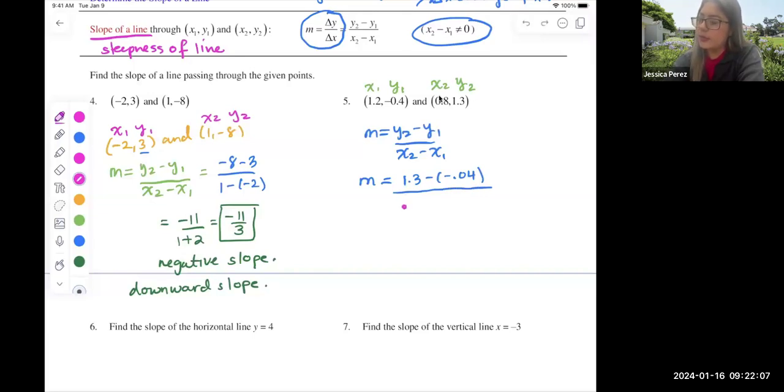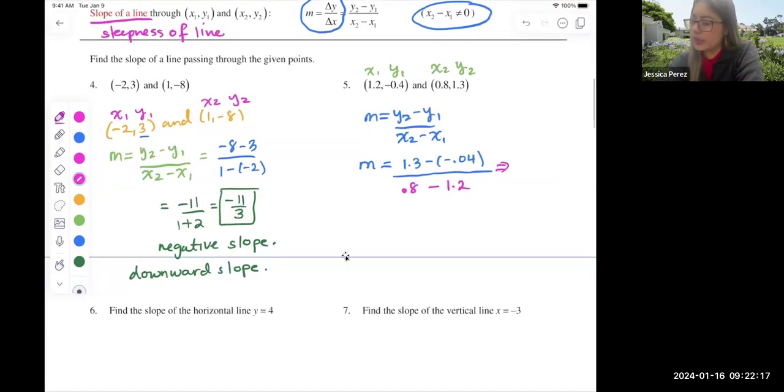Okay, now it's 0.8 minus 1.2. So when we clean it up, this is going to become a plus, 1.7 over, and this should be a point, not a 0.04. Let me fix that. This is a 0.4, that's a negative 0.4. So the 0 is on the outside. So it's going to be 1.7 and then I'm going to get a negative.